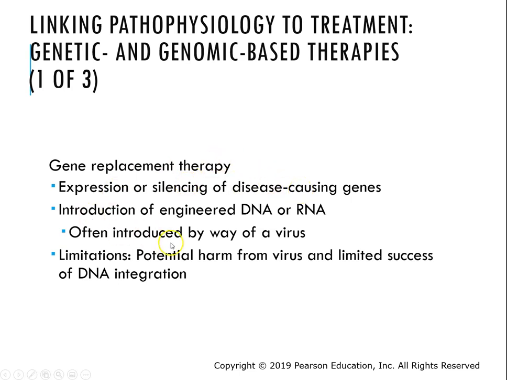You can potentially do this by introducing genetically engineered DNA or RNA, inserting it into a virus that is not going to cause disease, that can then infect the host cell and inject that DNA into it. The host cell can then incorporate that engineered DNA, which has the normal allele in it, and that could potentially rectify the function of those cells.